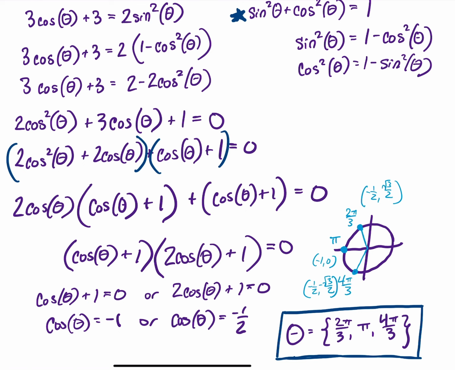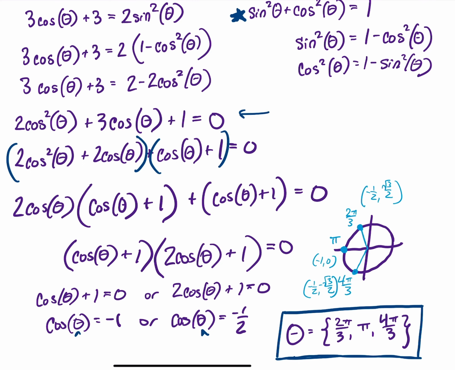And then from then on, we're just solving it like a quadratic until we get to this bottom part where we need to then reference the unit circle and find what angles make these two statements true. So I did this one without doing a substitution, but we could have done that at this point.